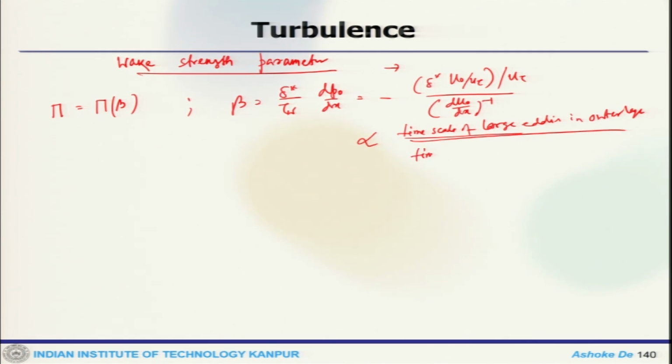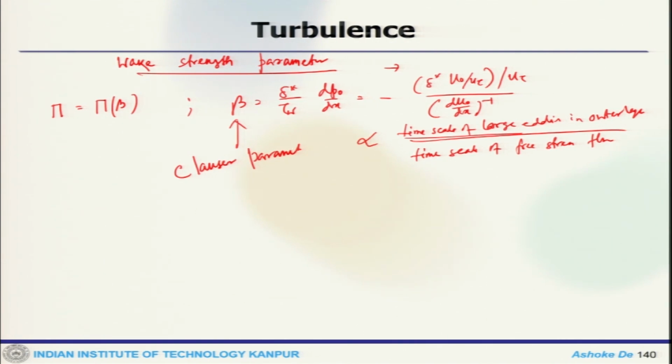This is the time scale of the free stream flow. So, this is known as Clauser's parameter.